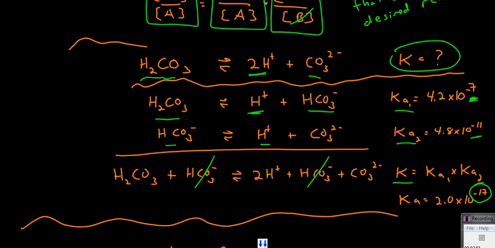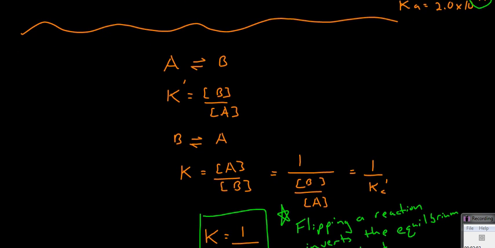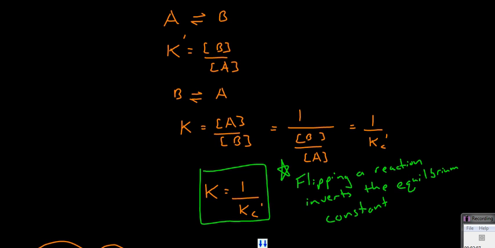All right, so a more difficult problem, we can build up to that by talking about a couple of factors. Now, for a reaction in which A turns into B, the equilibrium constant is equal to B over A. But what if you were to take the inverse of this reaction? What if you were to flip this reaction? Well, that would ultimately require that you take the reciprocal of the equilibrium constant of the original reaction.